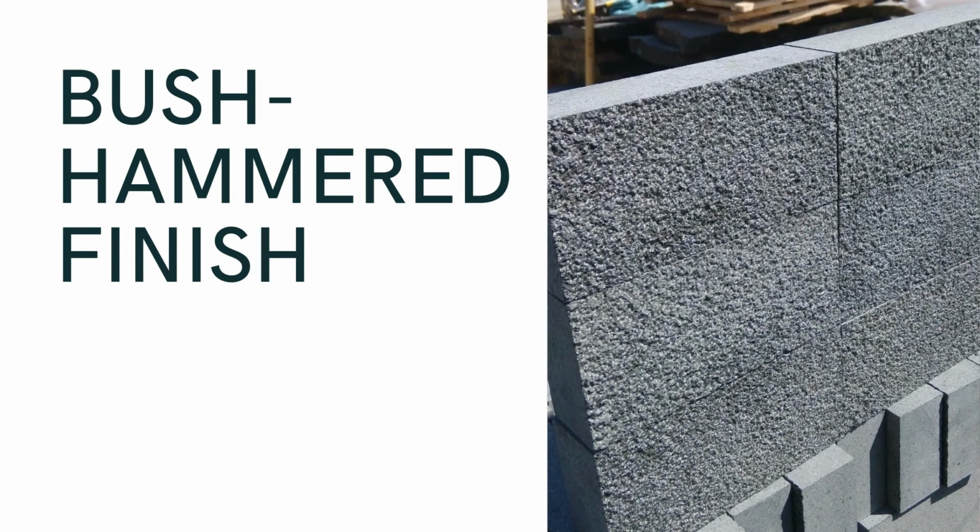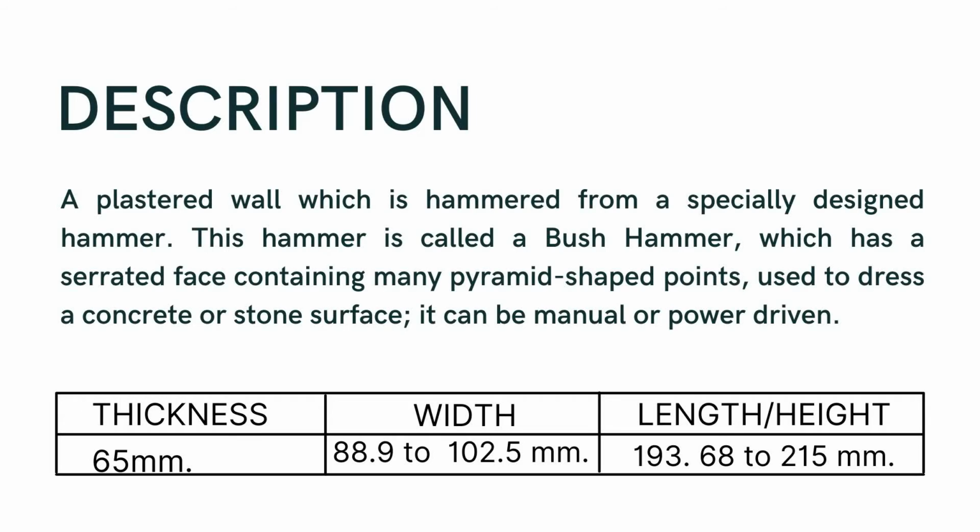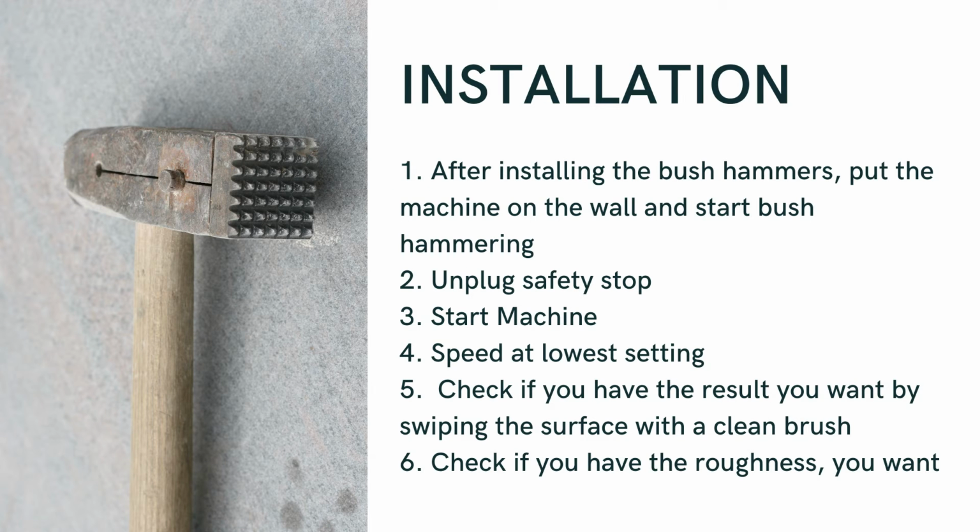A plastered wall which is hammered with a specially designed hammer. This hammer is called a bush hammer, which has a serrated face containing many pyramid-shaped points used to dress a concrete or stone surface. It can be manual or power-driven. Thickness is 6 and 10.5 millimeters.